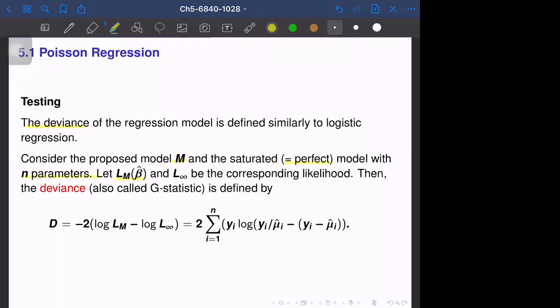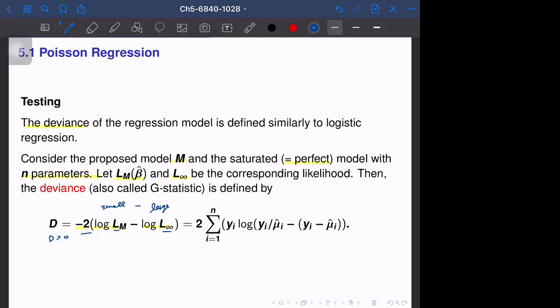The deviance is defined by -2 times the difference between the log likelihoods. The log likelihood of L M is for the smaller model and this is the largest model. So this is a large value and this has a small value. Small minus large is negative, then we multiply by -2, so this is always positive.